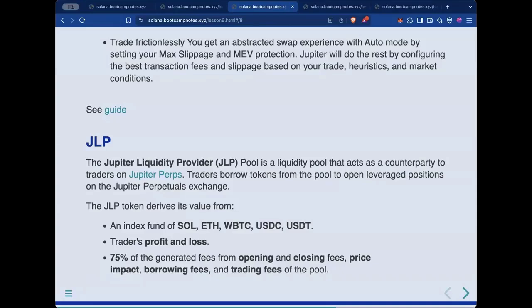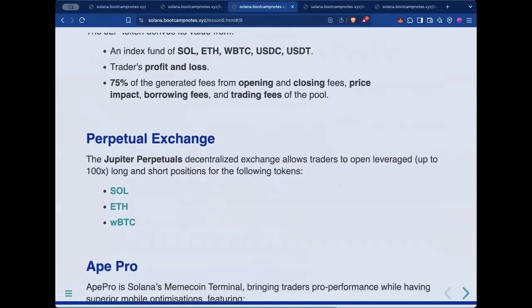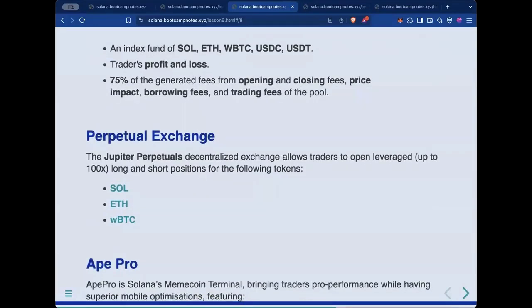So you've got examples there where they've got this particular token which is used as an index for a fund of other tokens. Lots of complex financial products getting set up as well, allowing people to do leverage positions for various programs. And then they've also added the meme coins as well if people want to get involved with that.